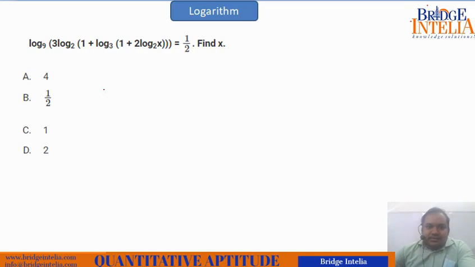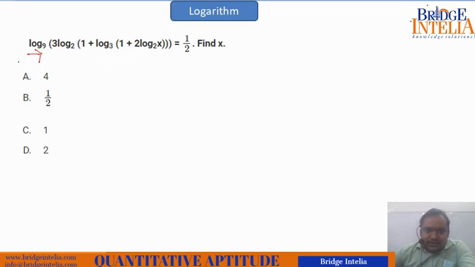Okay, now this one. So we'll have to solve this equation step by step, removing one log at a time, moving this way, because x is situated on the rightmost side, so we'll have to move from the other end towards x.